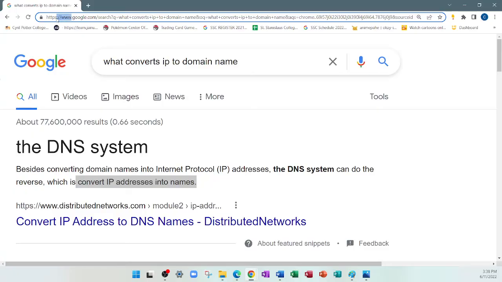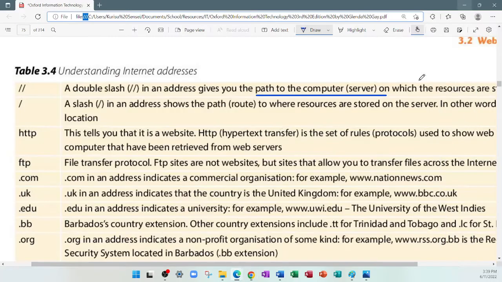So after the 2 slashes, whatever comes after that is the path to the web server, to that website location. A single slash shows you the path you're going to take to access the resource. A single slash is the path you're going to take.